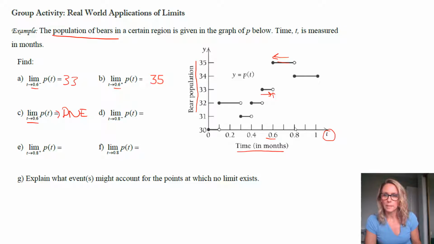We'll take a look similarly at 0.8. So coming in on the left at 0.8 for D, it looks like we actually have 35 coming in on the left there. And then coming in on the right, we can see just 34.